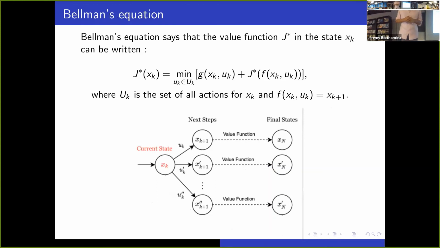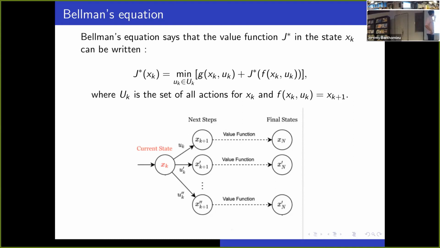Bellman's equation says that the value function g star in the state x_k can be written as this, where U_k is the set of all actions for x_k, and f of x_k, u_k denotes the next step with this action u_k. So if you are in the current state x_k, you have many possibilities, and for each action you have a next step.